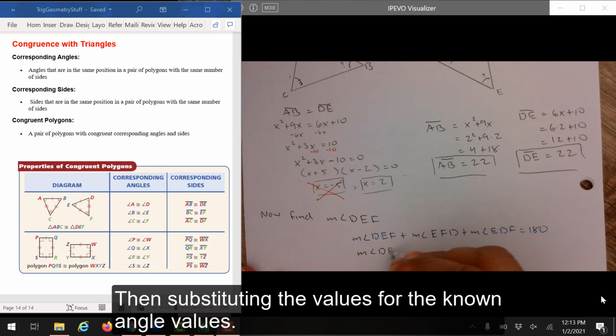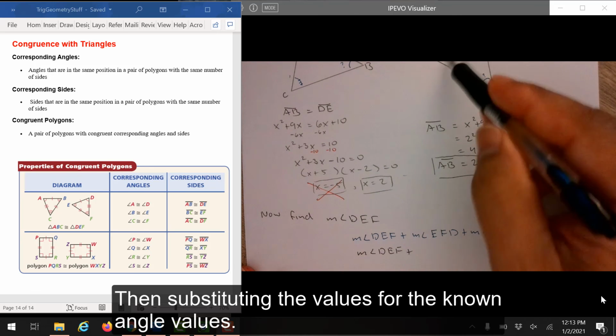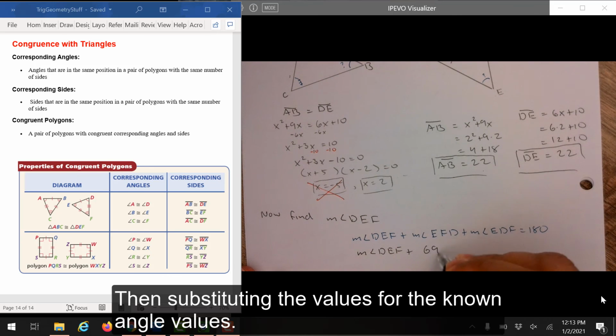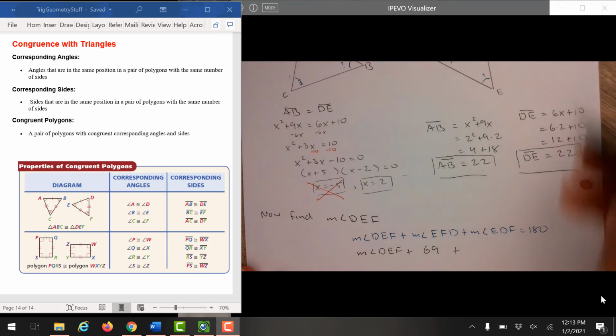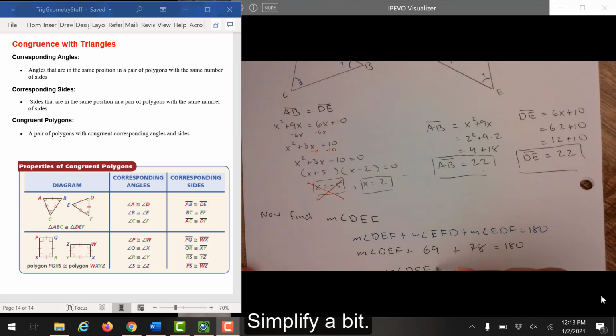Then substituting the values for the known angle values. Simplify a bit.